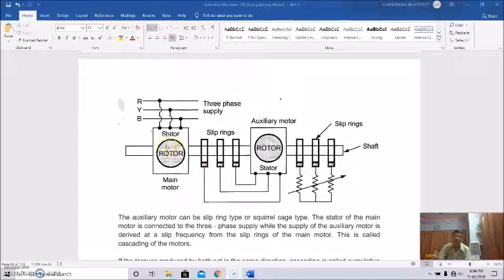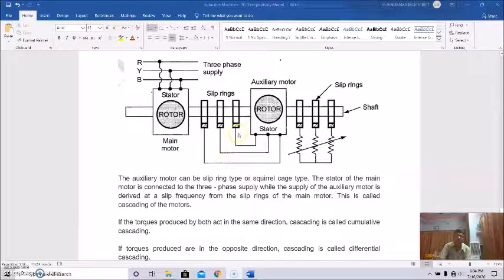The stator of the main motor is connected to the three-phase supply, and the supply of the auxiliary motor is derived from the rotor side of the main motor through the slip-rings, connected to the stator. That is, the slip frequency power is fed to the stator winding of the auxiliary motor. This supply is derived from the main motor.